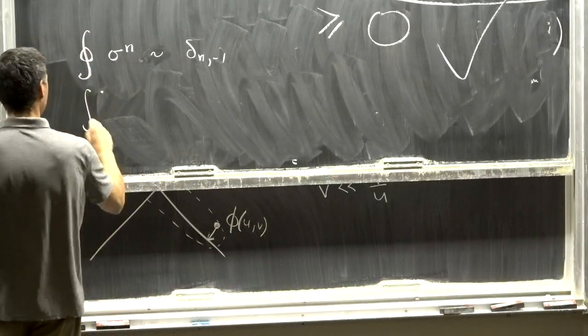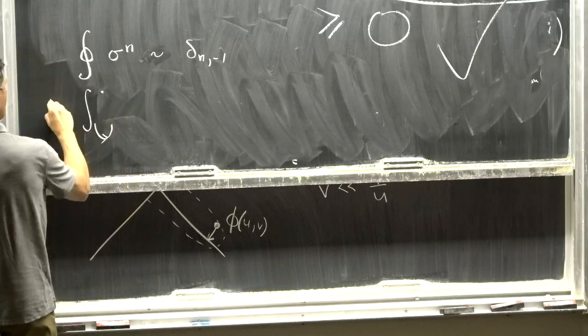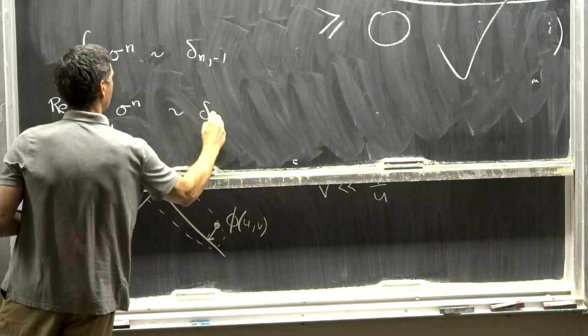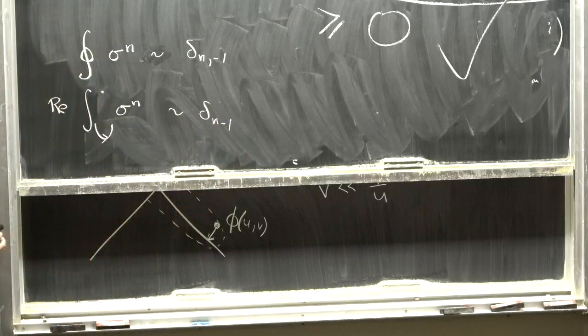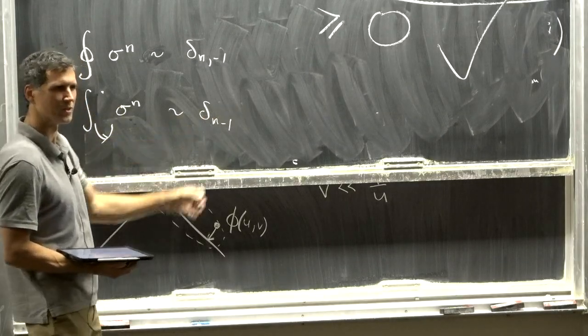But this is also a true identity. You can pick off the residue either by integrating around the origin or by integrating halfway around the origin and taking the real part. So I've just done the residue in that way instead.